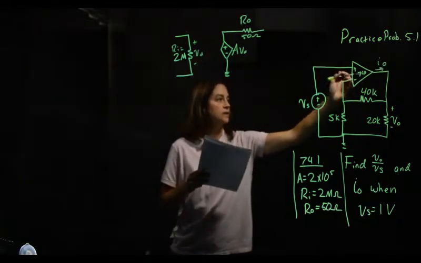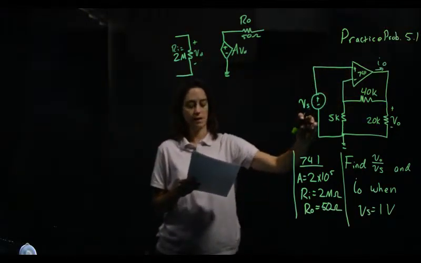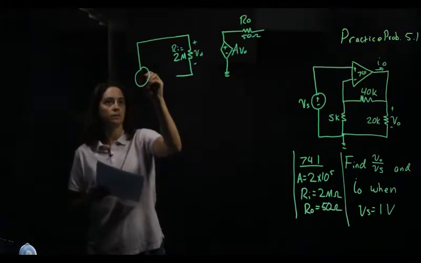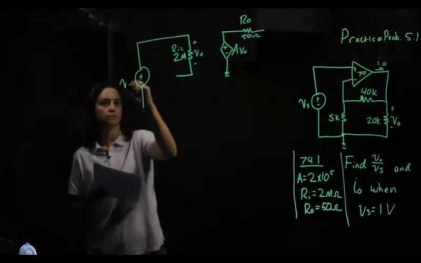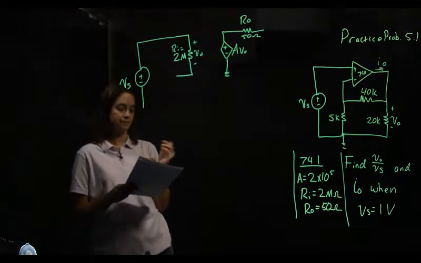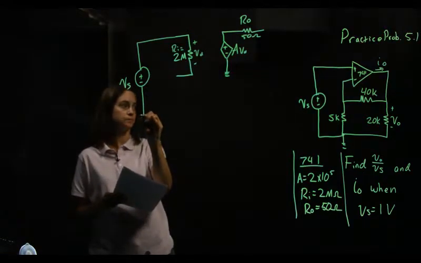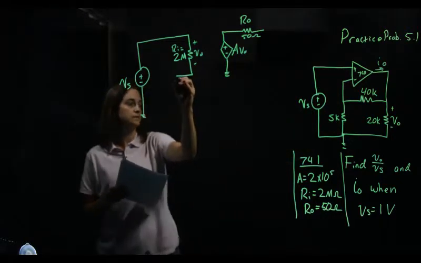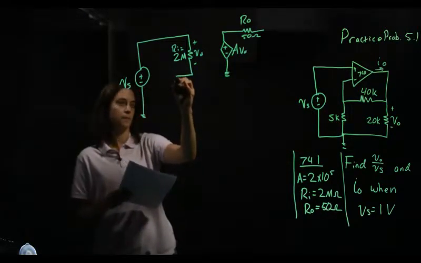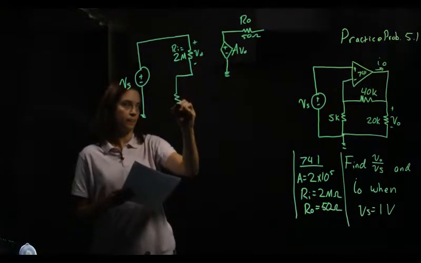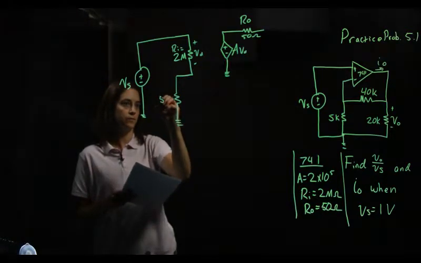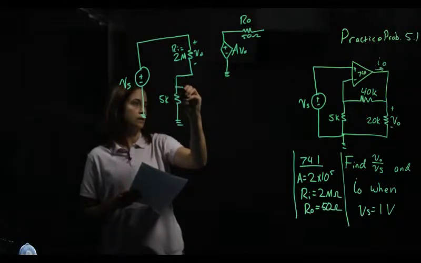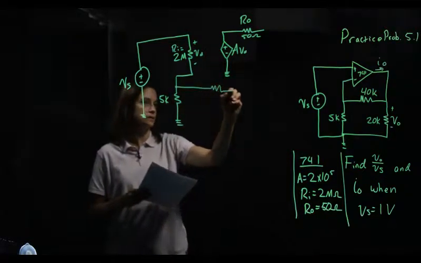That is here. So at the plus, I have this voltage source. So I've drawn that in. That goes down to ground. At the minus, I have 5K. That goes down to ground. I have 40K. That goes like this.